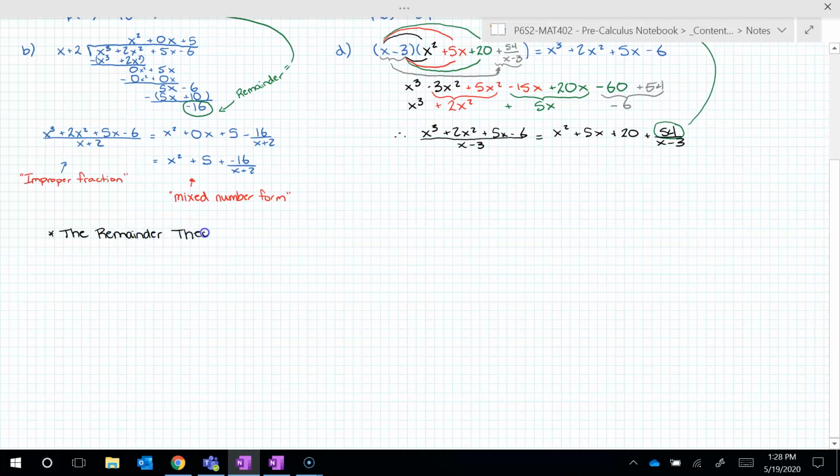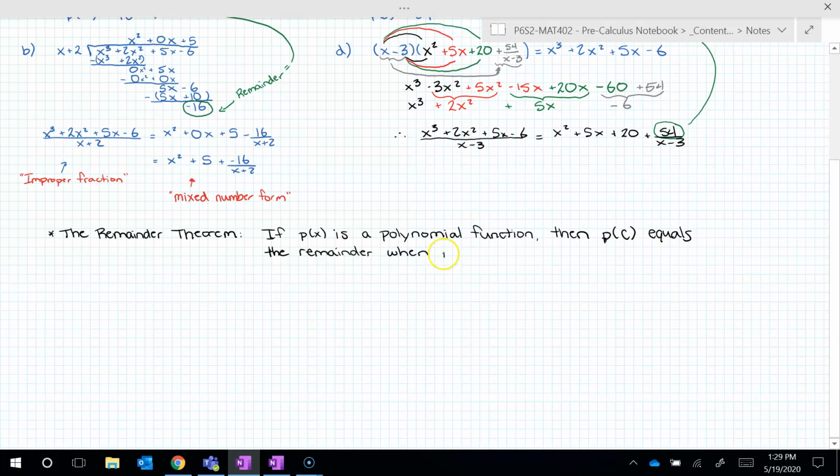And the remainder theorem states that if p of x is a polynomial function, then p of c, not x, p of some value c, is equal to the remainder when p of x, the polynomial function, is divided by the quantity x minus c.